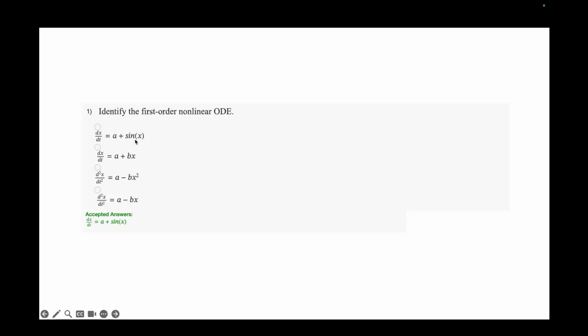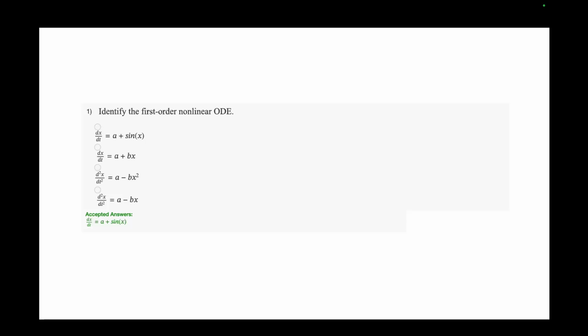In a linear ODE, the dependent variable and its derivative should have the power of 1, and there should be no product of the dependent variable with the derivative. That's why a plus bx is a linear ODE, because x has the power of 1 and is not multiplied by any other variable. So this is a linear first order ODE, option B. And option A is actually a non-linear first order ODE.